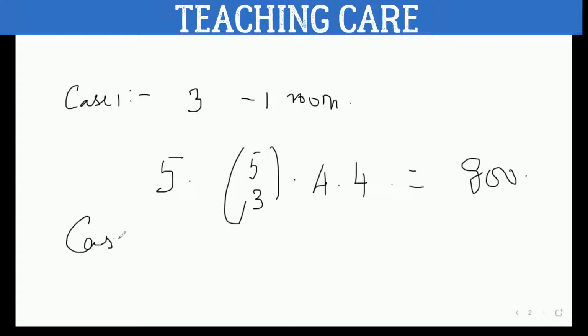Case 2, I will take 4 friends in 1 particular room. You should choose all the possibilities and then give a common answer. 4 friends are in 1 room.